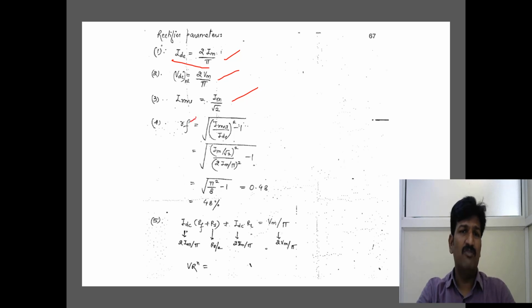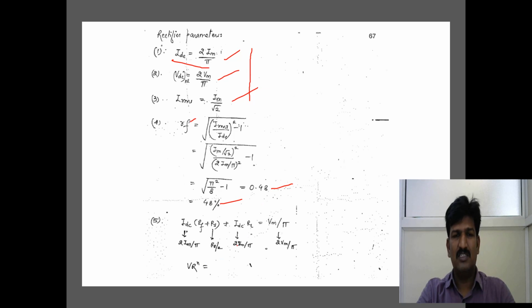The ripple factor RF is the square root of IRMS squared divided by IDC squared, minus 1. Substituting IRMS and IDC for the center tapped full wave rectifier, you finally get numerically 0.48, and multiplying by 100 you get 48%. That is the ripple factor.